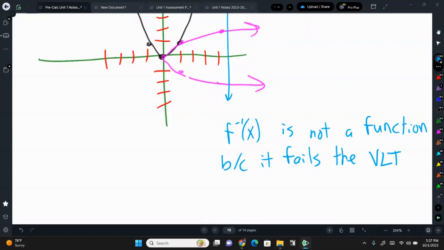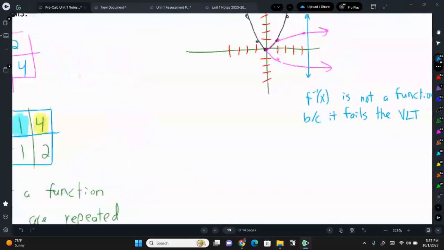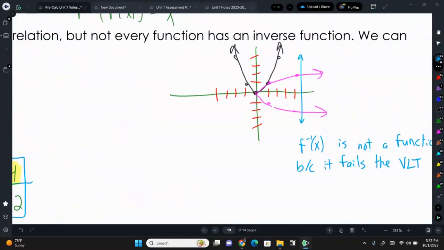Now we can also do something called the horizontal line test on the original function, or in the original graph, to tell us if the inverse is also a function.